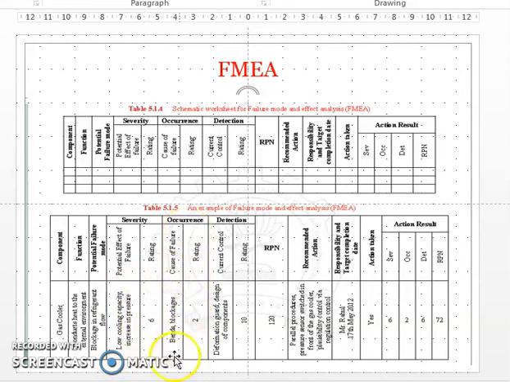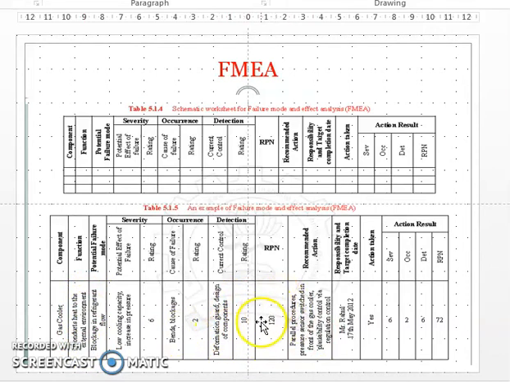What will be the occurrence? There is a blockage, and the occurrence is very low, that's why the rating is 2. And the detection is very difficult, since the gas cooler failed to reject heat to the external environment, that's why the rating is 10.